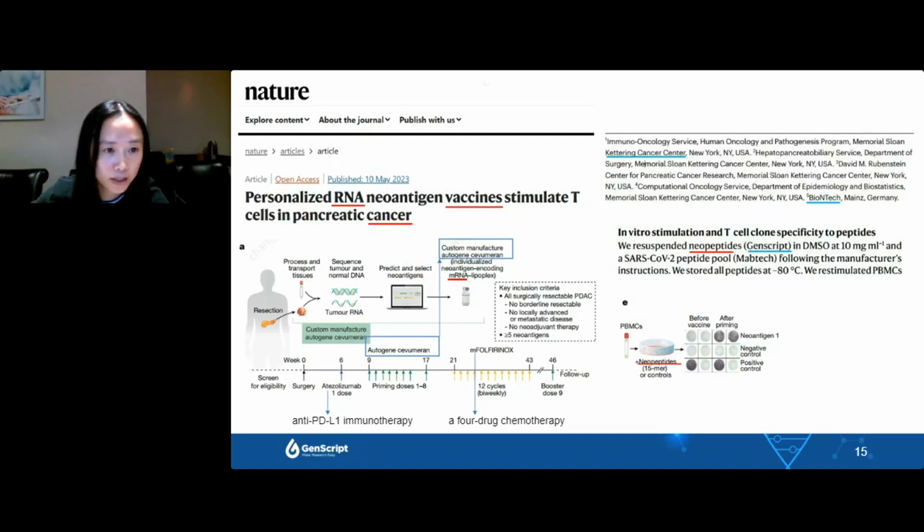It's because after the surgery, customers quickly sequence the tumor and the normal DNA and predict and select neoantigens, then quickly manufactured the mRNA format neoantigen vaccines. And the delivery particle is lipoplex. So after this priming dose, then there's a 4-drug chemotherapy. Then later, another booster dose. So this is the whole process.